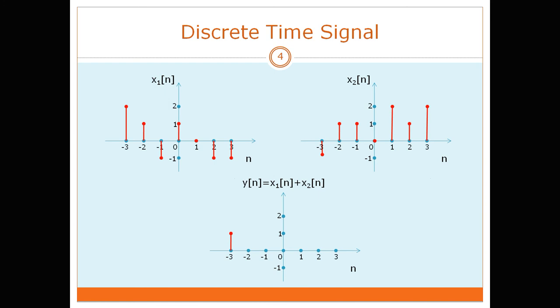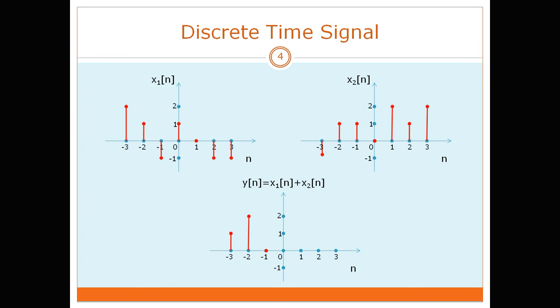Similarly at -2, x1 of n is 1, x2 of n is 1, so 1 plus 1 is 2 at -2. Next, at -1, x1 of n is -1, x2 of n is 1, so finally -1 plus 1 is equal to 0. At -1 the value will be 0.